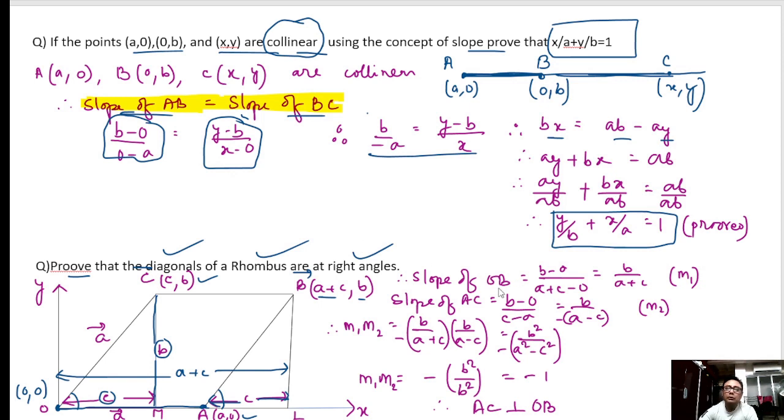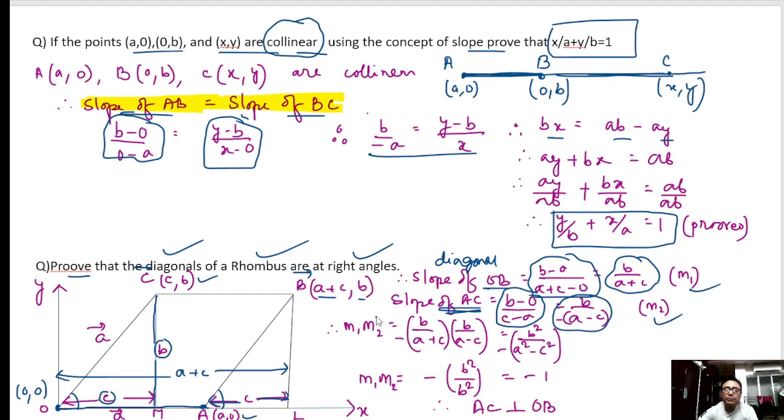Now the slope of OB, which is the diagonal, is (y2 minus y1) by (x2 minus x1), which is coming this, that will be m1. Similarly, the slope of the other diagonal AC is this, m2.